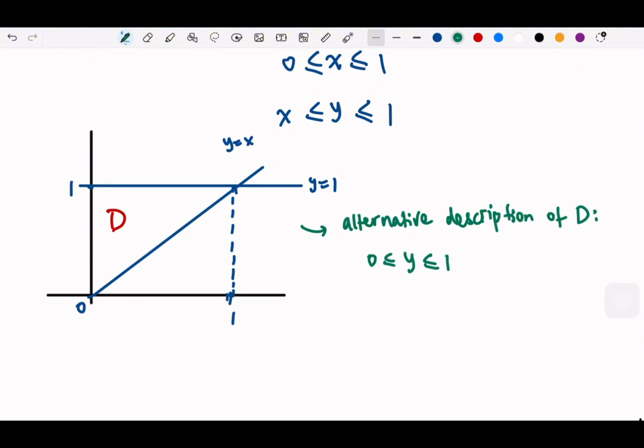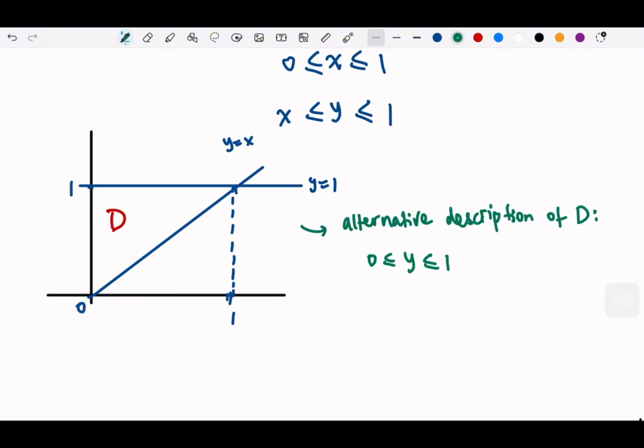We need to make sure that this is D, the area that we want to evaluate. So now x starts from x equals 0 until x equals y.